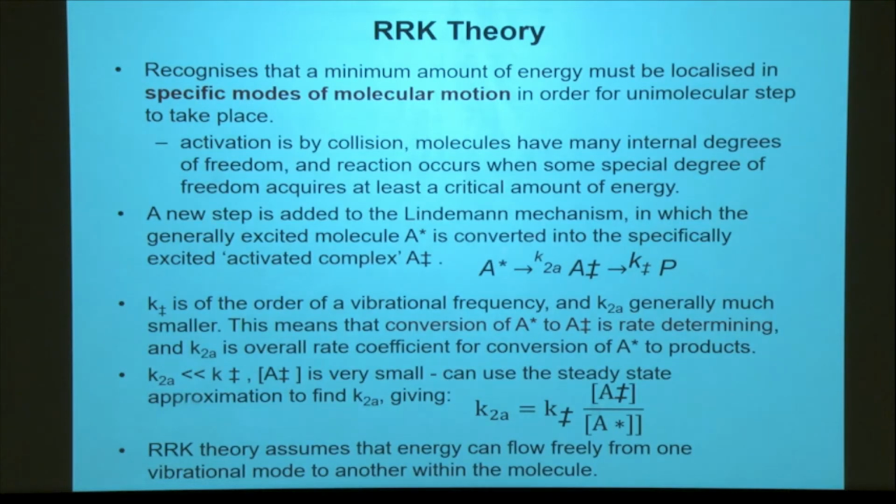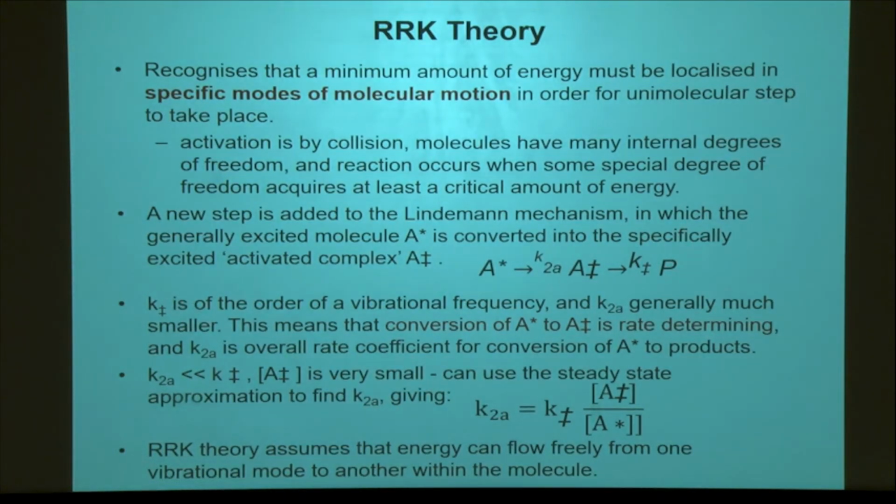So here, we're not just looking at this excited molecule, but a specifically excited molecule called the activated complex. So we've got a new reaction step, going from the generally excited molecule to one which has a specific orientation to give us a reaction over to products.